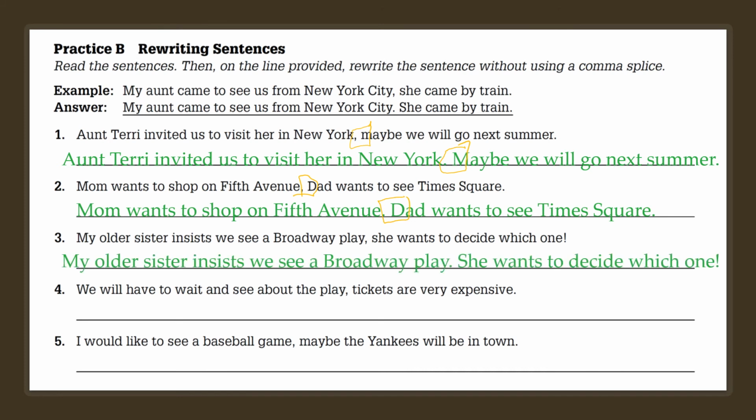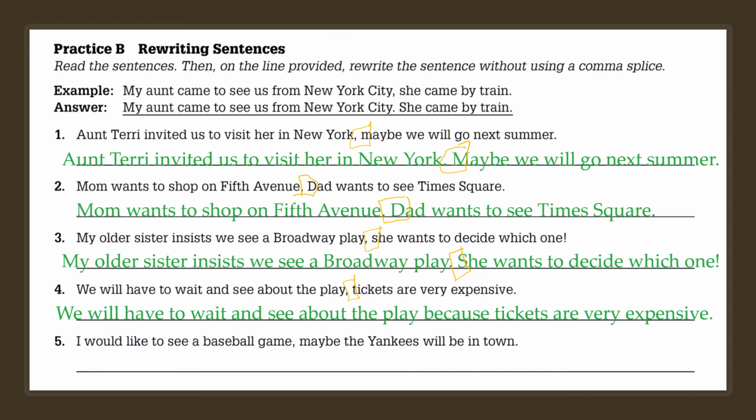Instead of the comma, what should we do? Very good. Period. And we capitalize the first letter of the subject. He wants to decide which one. We will have to wait and see about the play, comma. So instead of the comma, you know what to do? Because tickets are very expensive.